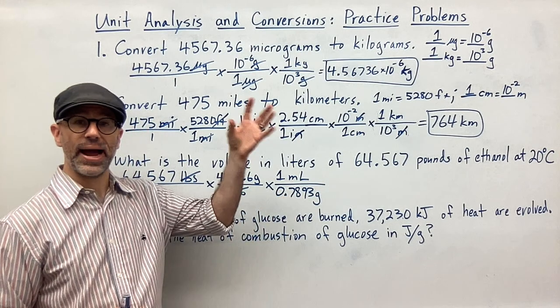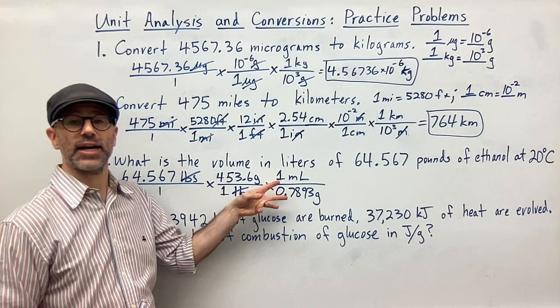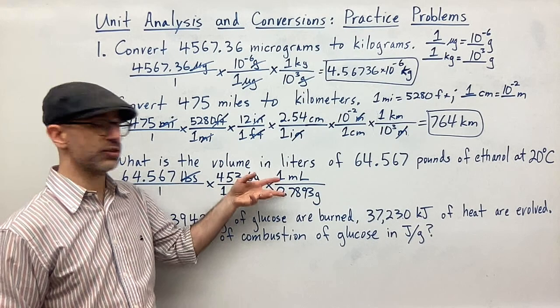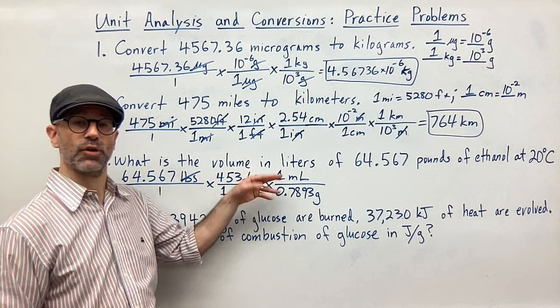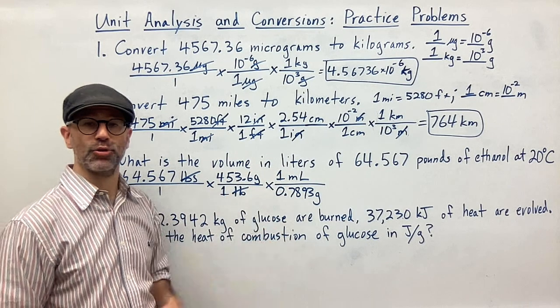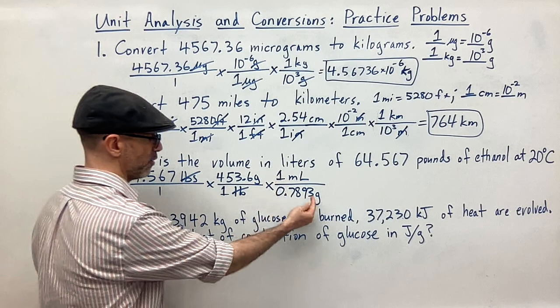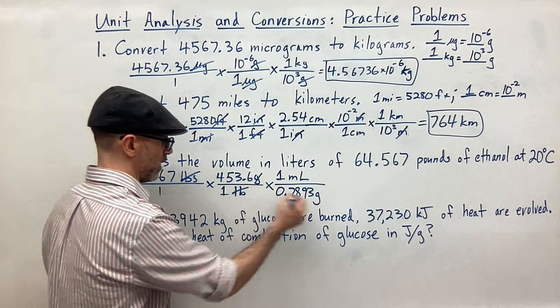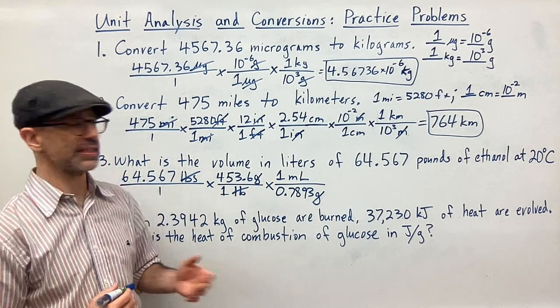Density is mass over volume, but I can use this as a conversion factor, and with all conversion factors, you can flip the units, or flip the conversion factor to get the proper unit on the bottom. So since I have grams here, I want grams on the bottom. So now grams will cancel out. Now I have milliliters, and so now I can convert to liters.